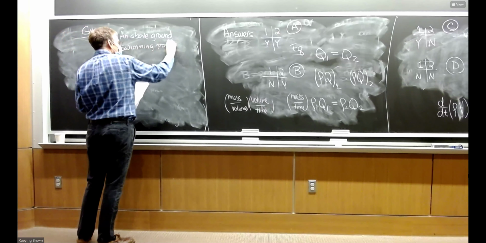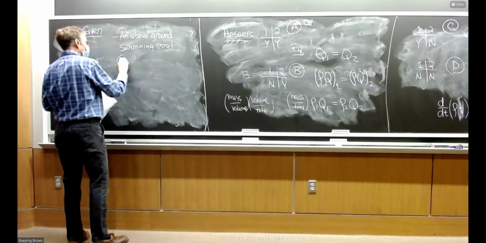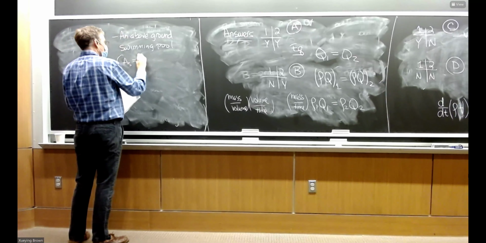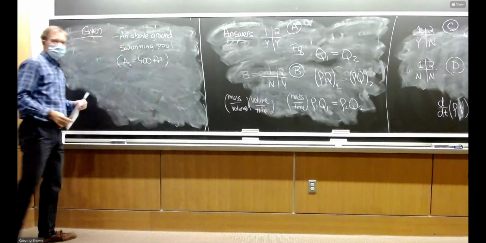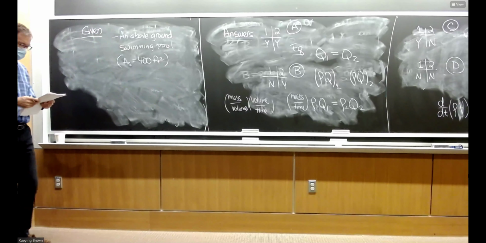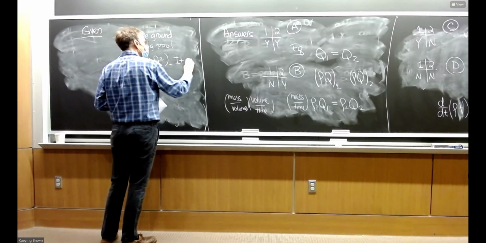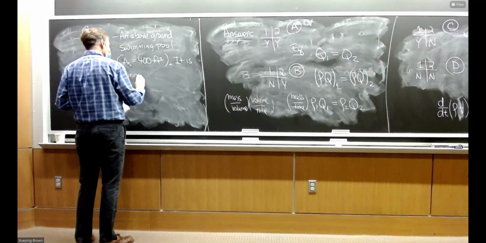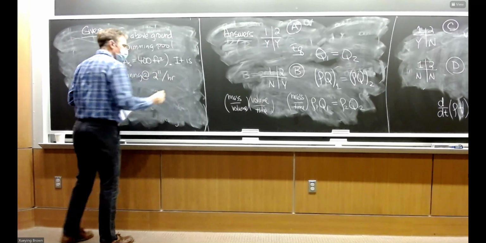So we have this above ground swimming pool with a surface area of 400 square feet. It's raining at 2 inches per hour.